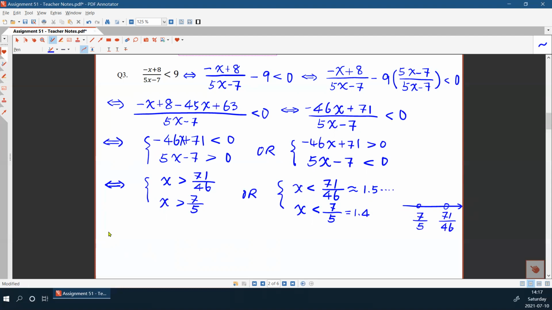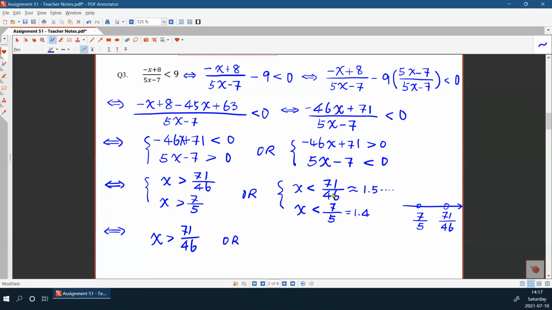Okay, so this is equivalent to the first branch tells us x should be greater than both of the two numbers, right? And the combined result, the overlapped area, is x should be larger than the larger number, which is 71 over 46, right?